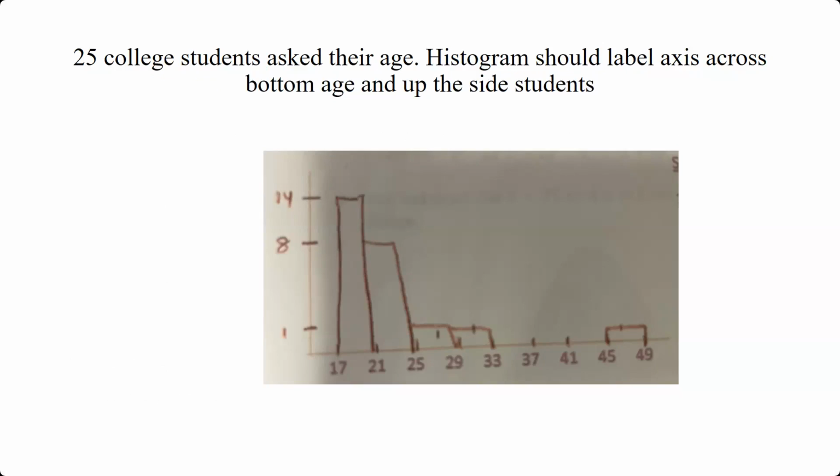Okay, now notice the first bar goes up to 14. The reason I got the 14, and I'll go back, but this first bar goes from 17 up to 21, but not including 21. 21 goes into the next bar. So 17 up to 20.99999.